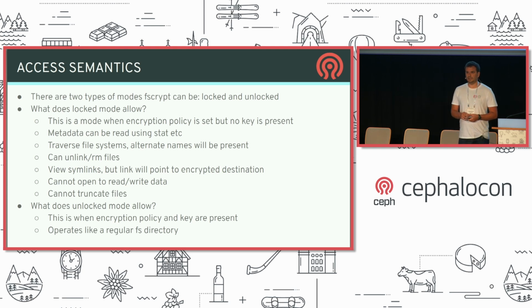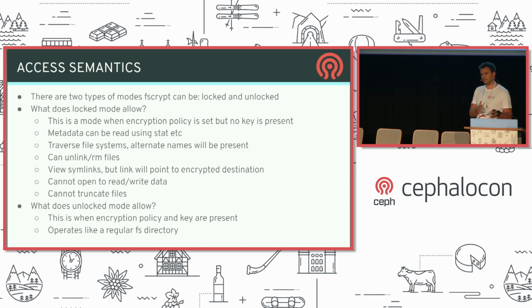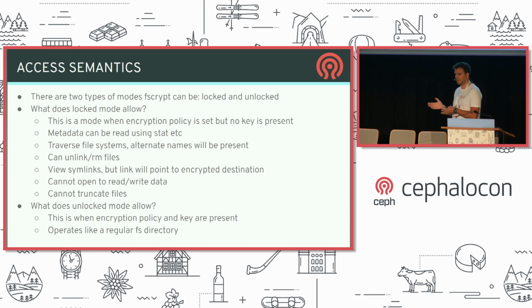Taking a look at access semantics, which is a concept within fscrypt to allow the directory to be locked down, or what they deem unlocked. The locked mode allows the encryption policy to be present, but the user or admin hasn't set up or added the master key yet.